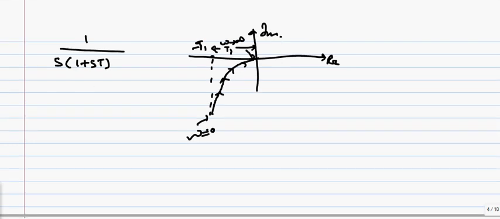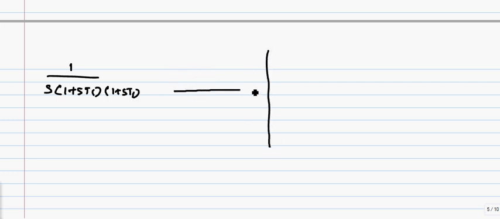And if you look at a transfer function which is having a pole at the origin and two simple poles, or two non-zero poles, then if you plot a polar plot for this, we'll have a plot which looks like this, okay, and this point will be minus of t1 plus t2.